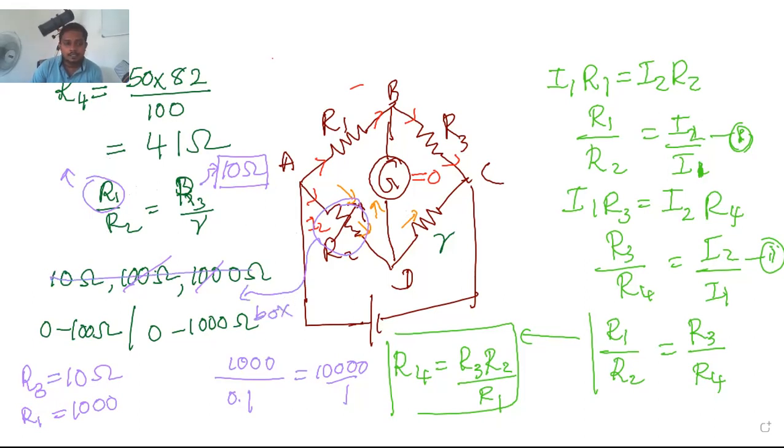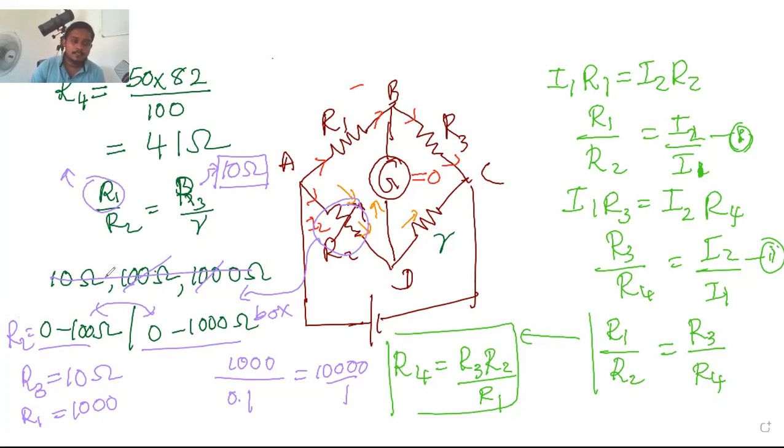So we can't use these three. We can use one of these things. If you write one of these two things, you get full marks. It doesn't need to necessarily be 0 to 100 or 0 to 1000. Both are correct. If you select one of these resistance boxes, you would get full marks. R2 is a resistance box.